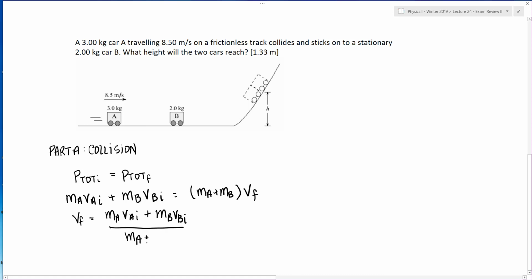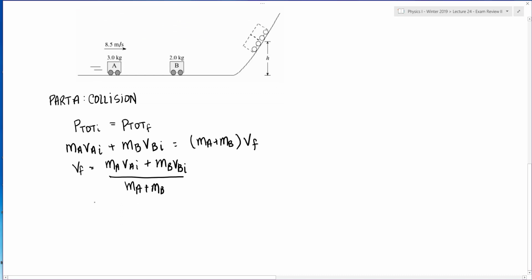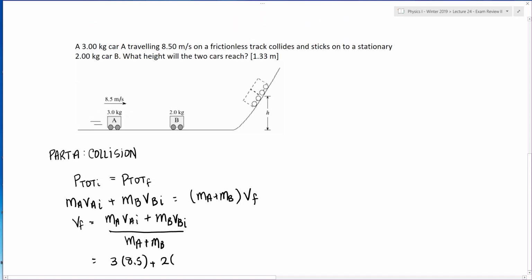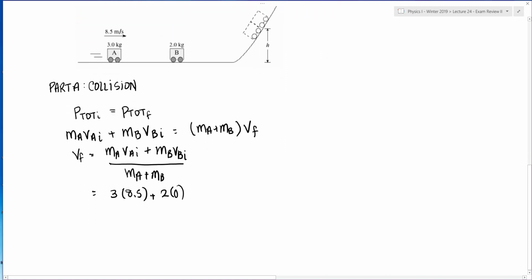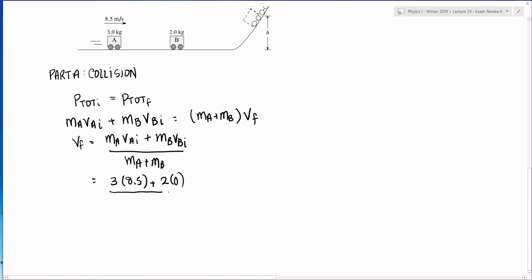And now I'm going to plug everything in. So I have the mass of A, which is 3 kilograms, the velocity of A, which is 8.5 meters per second, plus the mass of B, which is 2 kilograms, the velocity of B, which initially is stationary, so it was 0, over the mass of A plus the mass of B, so 3 plus 2.